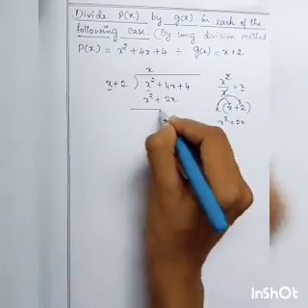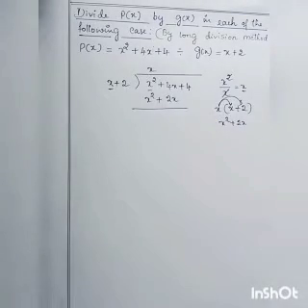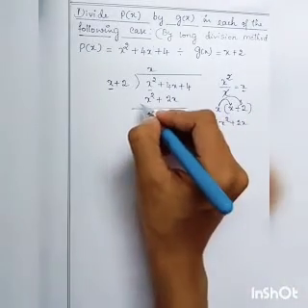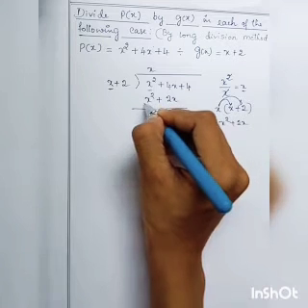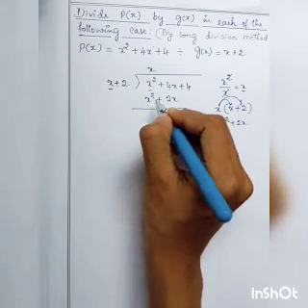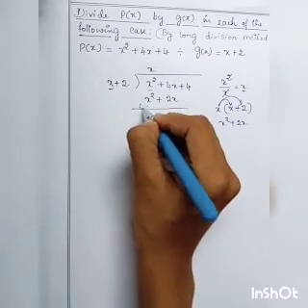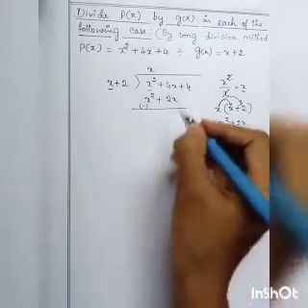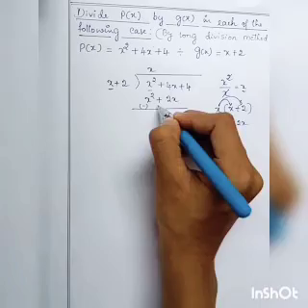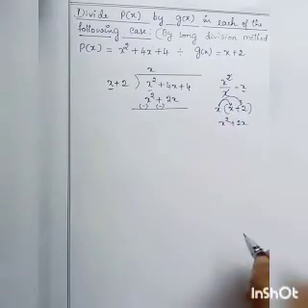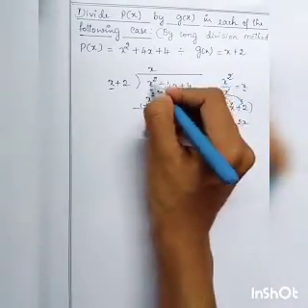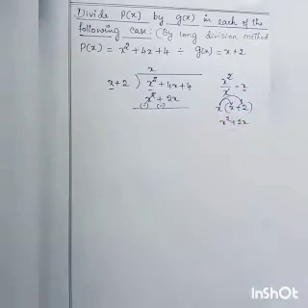After that we have to change the sign, students. This thing you have to remember. X square is a positive term, so we change the sign to its opposite, negative. In the same way, plus 2x has the opposite sign negative, so minus 2x. So plus x square and minus x square get cancelled.